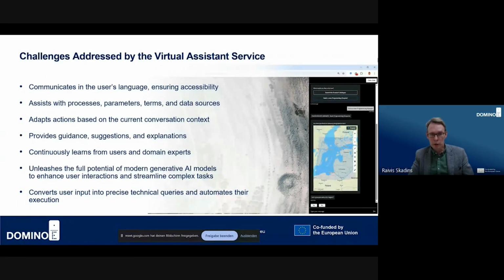If we can go to the next slide, then I have to mention that the most important thing that virtual assistants provide is the ability to communicate with users in the users' language.